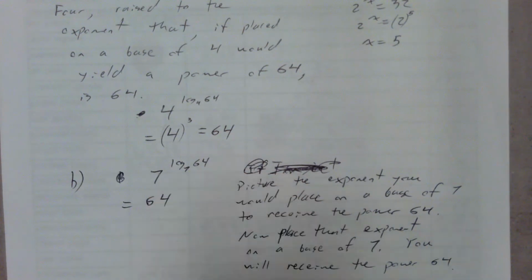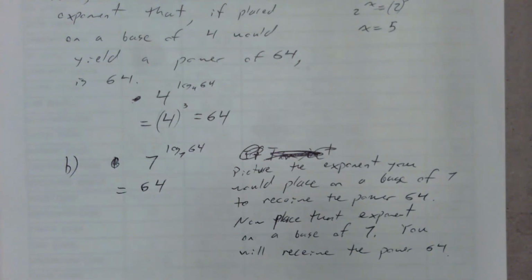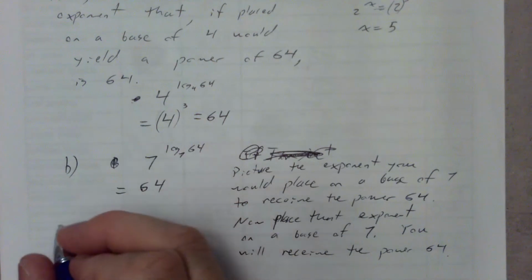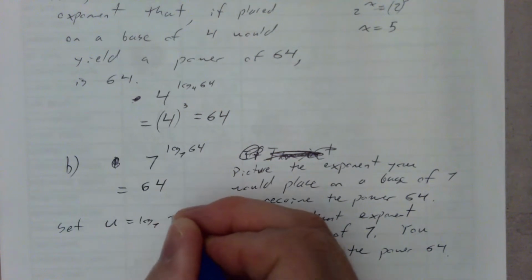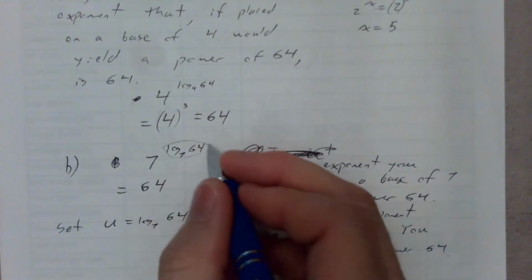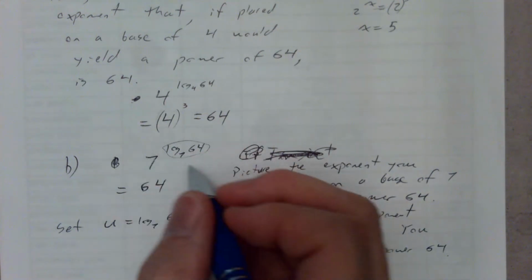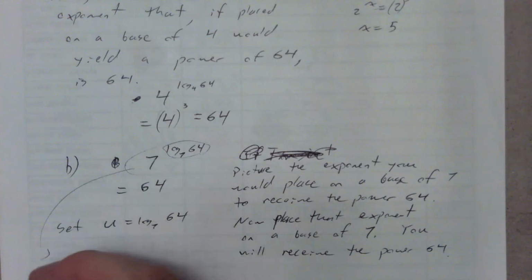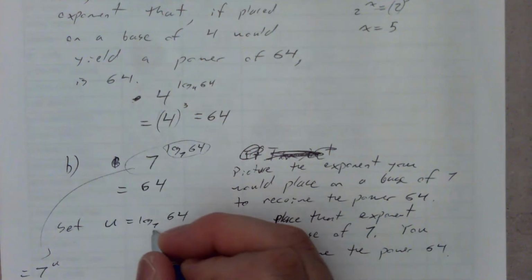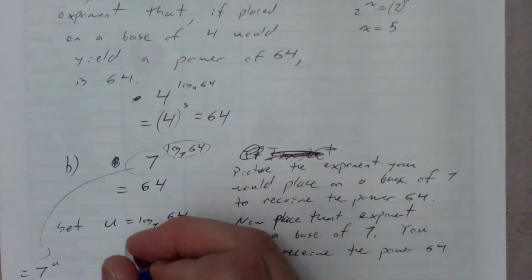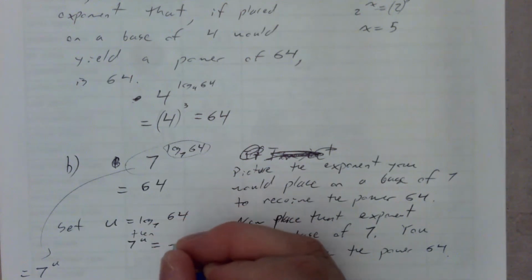Like, we can try an algebraic proof of this, but it tends to look kind of circular. Let's set, I don't know, u to be log base 7 of 64. Okay, so I'm replacing this right here with u, basically. Then the original expression becomes 7 to the exponent u. But then over here, let me just rearrange a little bit and write this in exponential form, I suppose. u is the exponent that I would place on a base of 7 to receive the power 64.